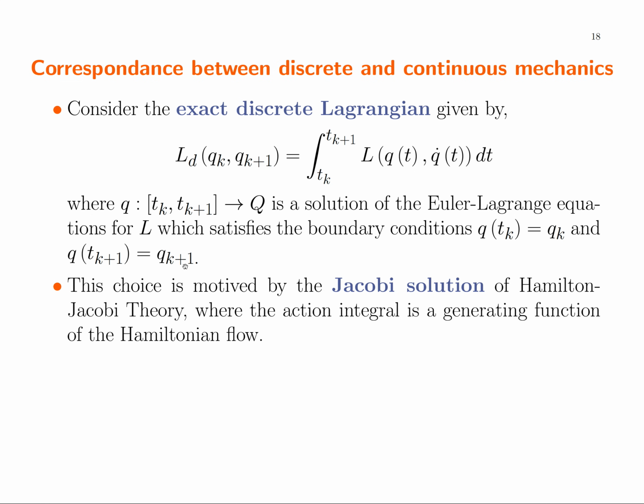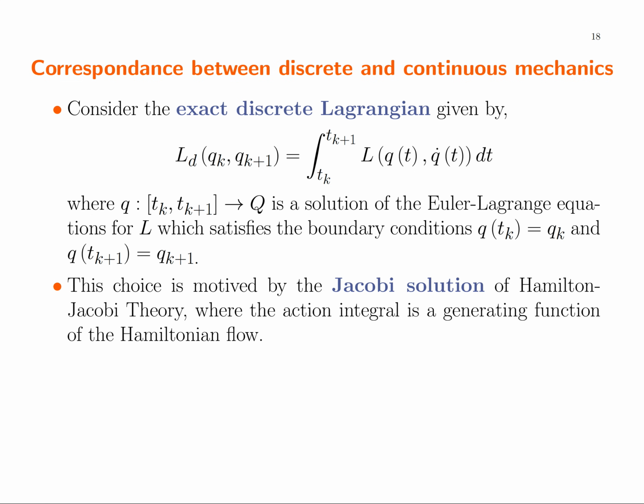So of course this is in general difficult to compute, because in order to compute this you need to solve some Lagrange boundary value problem, and of course if you could do that, then it isn't really necessary to construct a numerical approximation.